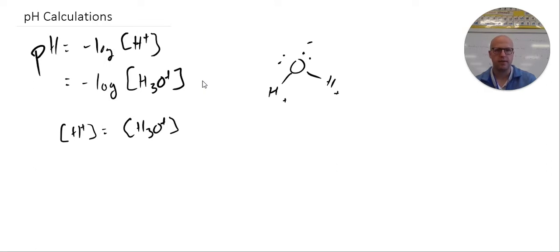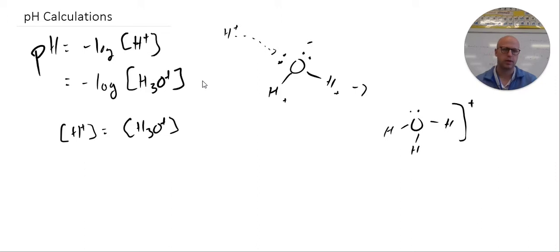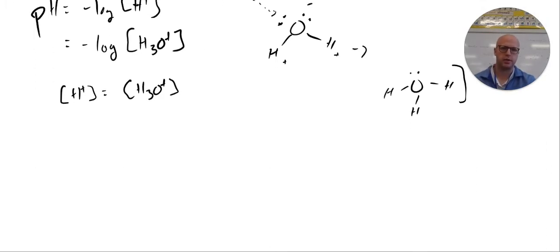Well, the negative end of water with these unshared pairs of electrons attracts hydrogen ions. So if I have a hydrogen ion in solution, positives are attracted to negatives, so this is going to attract over to here, and what actually happens is you get the hydronium ion, H3O+. So those are interchangeable. If something says the hydrogen ion concentration, it is also talking about the hydronium ion concentration. They are the same thing.